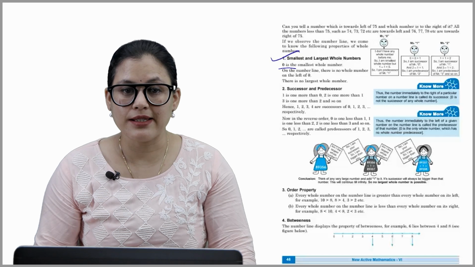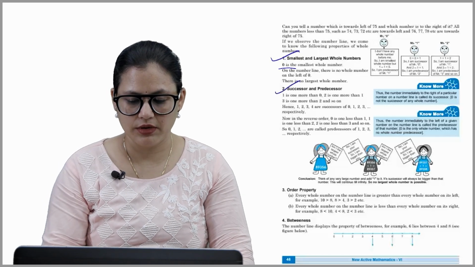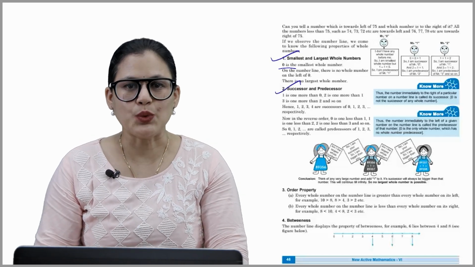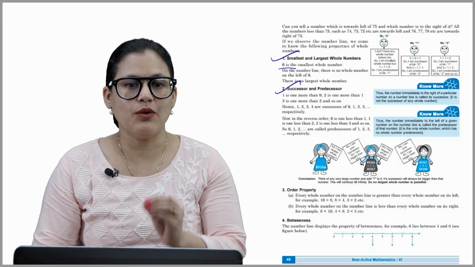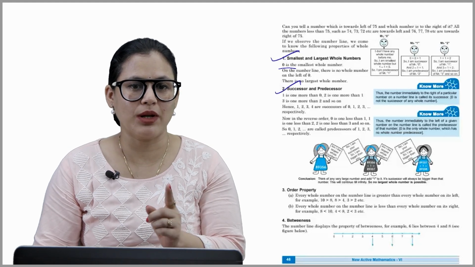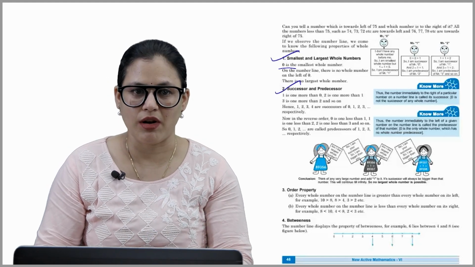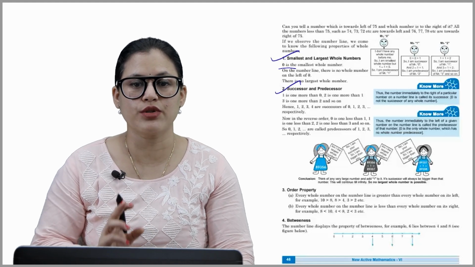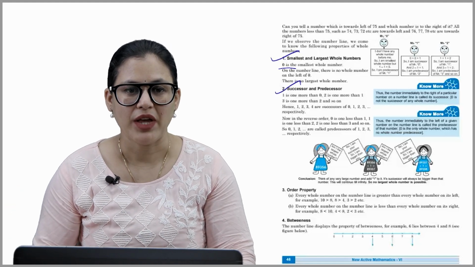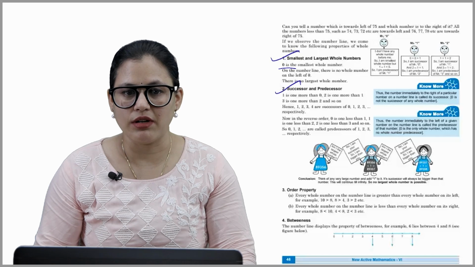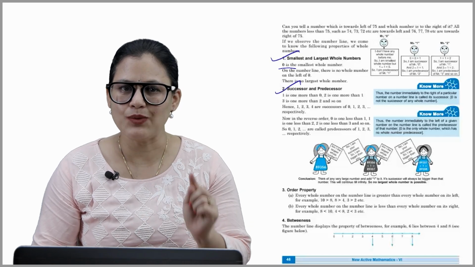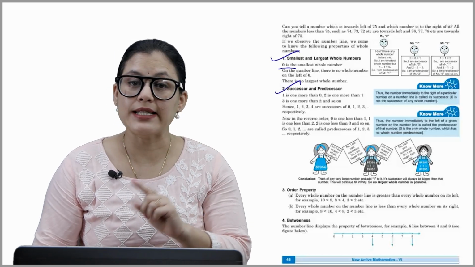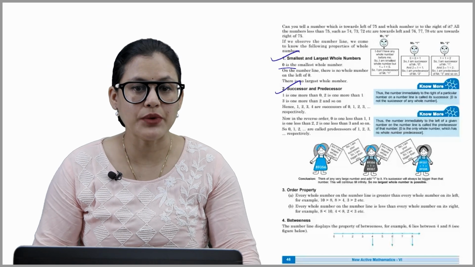Number 2, successor and predecessor. You are already familiar with these two terms. 1 is 1 more than 0, 2 is 1 more than 1, 3 is 1 more than 2 and so on. Hence, 1, 2, 3, 4 are successors of 0, 1, 2, 3 and so on respectively. Now, in the reverse order, 0 is 1 less than 1, 1 is 1 less than 2 and 2 is 1 less than 3 and so on.